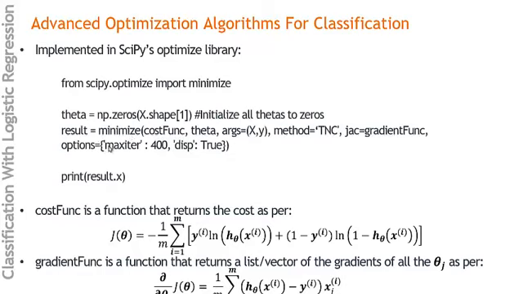Now these other options you can look up in the documentation to see what they mean. Disp true just means it displays the progress as it's going along. And then here we have print result.x. Result will be an optimize result object. Result.x will be the actual parameter values for theta.